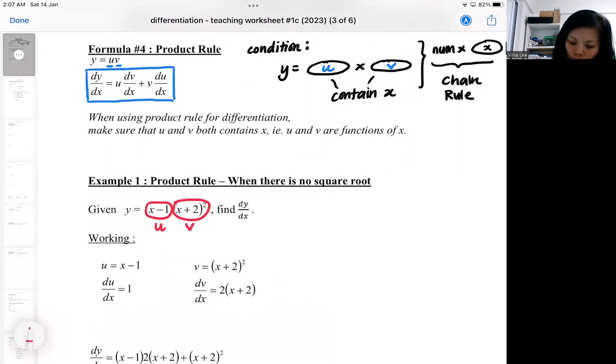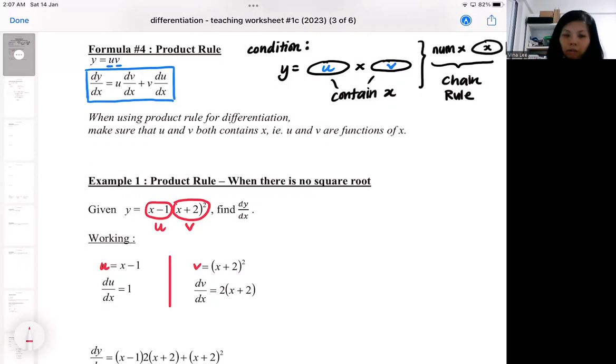So I actually do some mini differentiation first. The mini differentiation looks like this. This is my U. U is equal to X minus 1. This is my V. We will differentiate them separately.